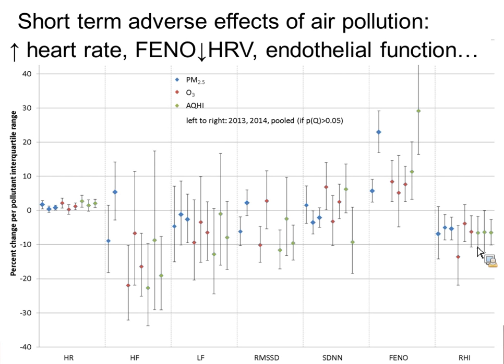Now, in terms of the possible explanations for the more consistent effects in 2013, we hypothesized that although the air quality and temperature conditions were similar for the 2 summers, there's a lot more rain in 2014, so people may have spent less time outdoors in general, even though they were doing their outdoor activity for the study.